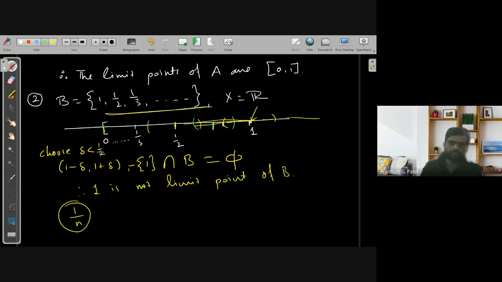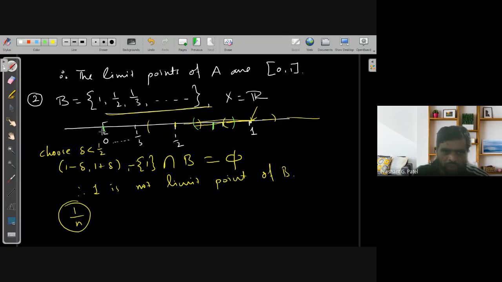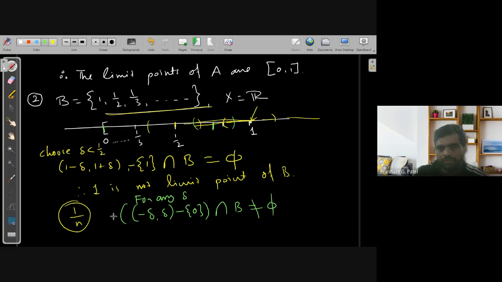Yes? Sir, for 0 we can find such a neighborhood. Yeah. So any neighborhood of 0, minus delta to plus delta, for any delta, if you remove the point 0 from this, will always have non-empty intersection with B. You can take any delta because the set contains very small values 1 upon n.